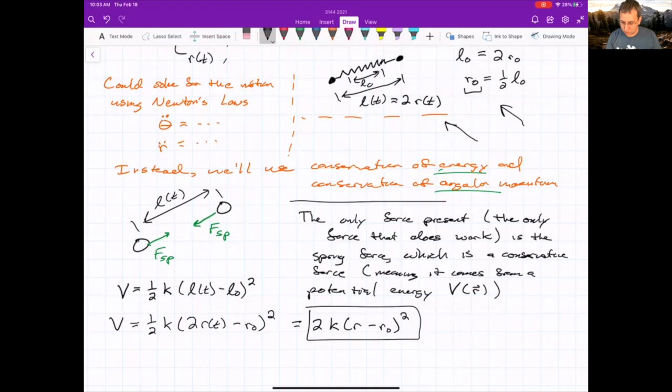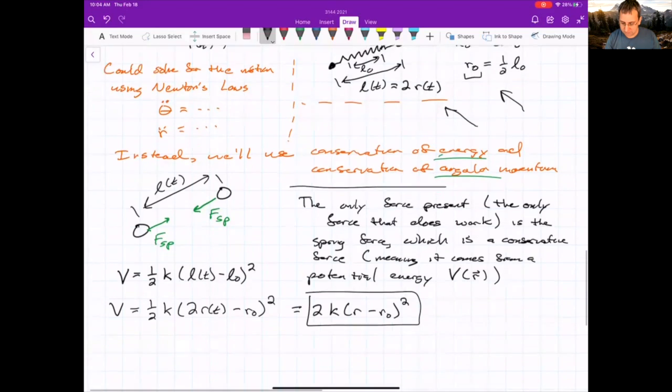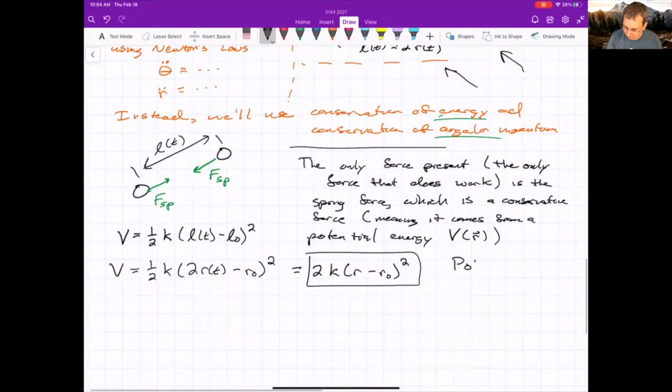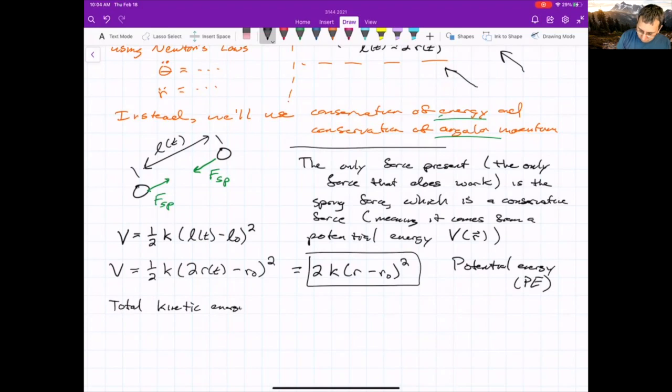So to write the total energy, we also need to know what is the total kinetic energy. So this is the potential energy, or PE. What about the total kinetic energy? I'll write that as just capital T. It's the kinetic energy of particle 1 plus kinetic energy of particle 2. And you might guess, these kinetic energies are somehow going to be very similar to each other, maybe even identical.